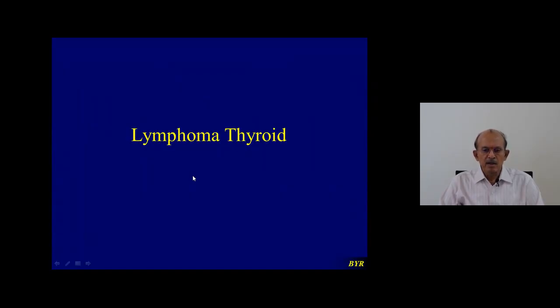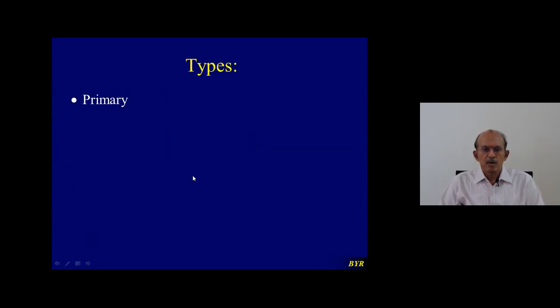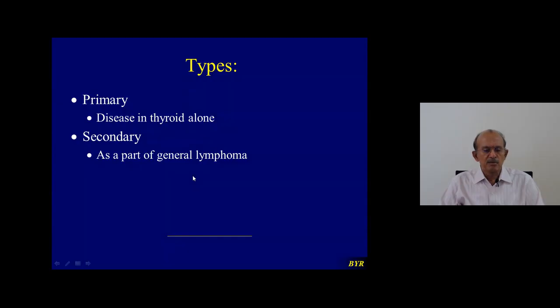Next cancer of the thyroid is the lymphoma. Types: primary, that means disease in the thyroid alone; secondary, as a part of generalized lymphoma. Lymphoma can arise in any place where there are lymphoid follicles.